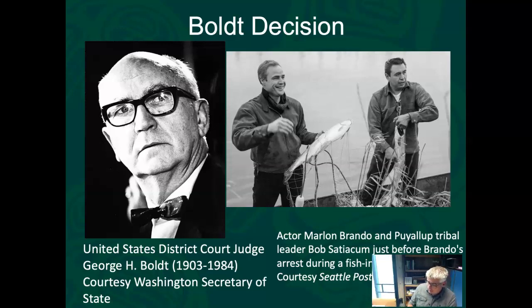So he said, if we're fishing in common, if we have something in common, that doesn't mean you get 95% and I get 5%. In common means we share it equally. And so he decided that to fish in common with meant that treaty tribes are allowed half of the resource and non-treaty fishers are allowed half.